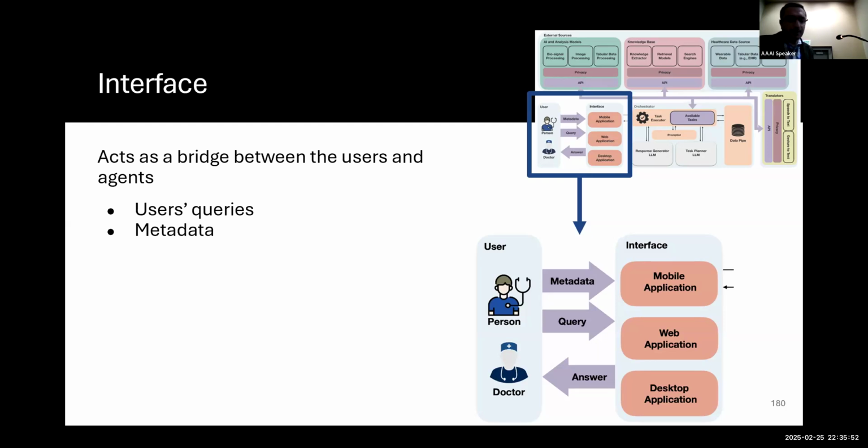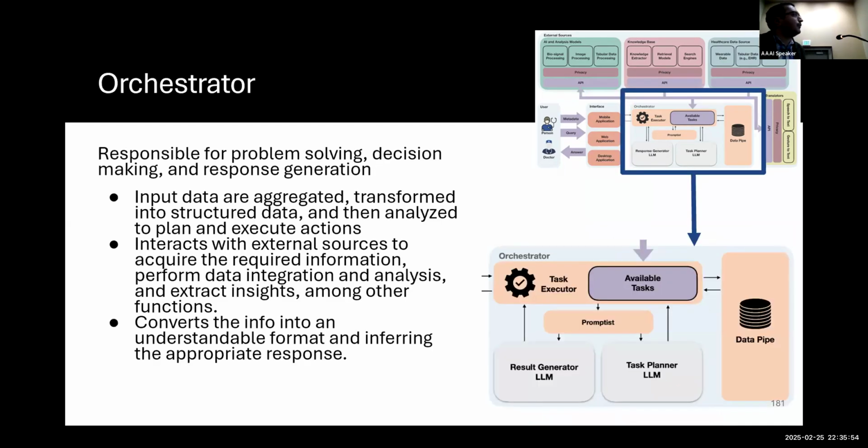After receiving these data, what the orchestrator is doing is it receives the input data and then aggregates and transforms all of those into structured data, analyzes these data using the toolbox that it has access to, and ends up with a plan and executes those plans.